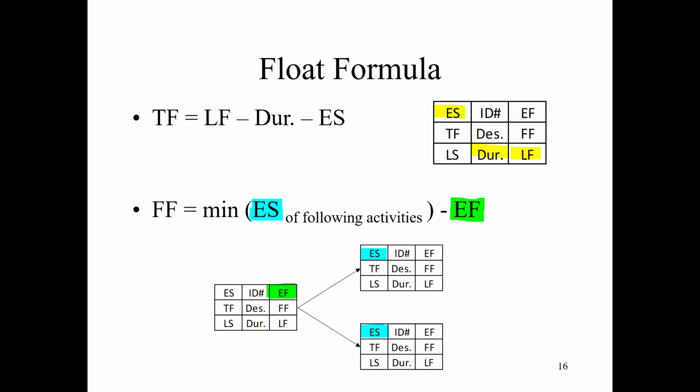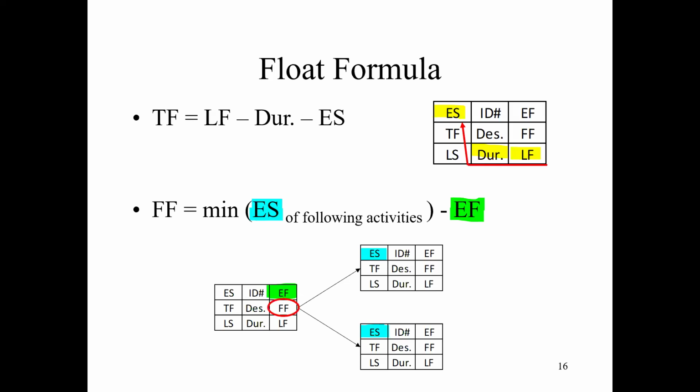So that makes the total float more than or equal to the free float for an activity. You will see the total float is equal to its late finish time minus its duration minus its early start time. So you can do all the calculation within the activity. But if you move to free float, it looks at the following activities, because you cannot impact your following activities' early start time.